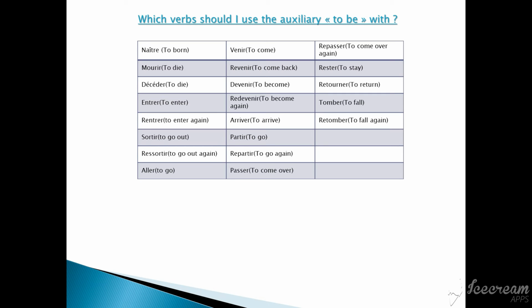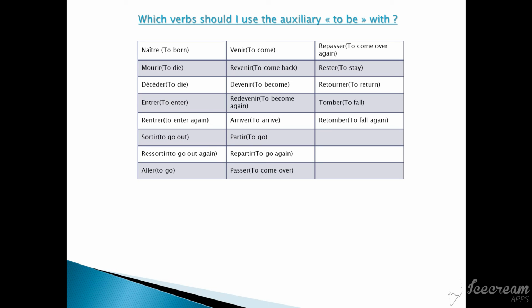devenir, which means to become, redevenir, which means to become again, arriver, which means to arrive, partir, which means to go, repartir, which means to go again, passer, which means to come over, repasser, which means to come over again, rester, which means to stay, retourner, which means to return, tomber, which means to fall, retomber, which means to fall again.